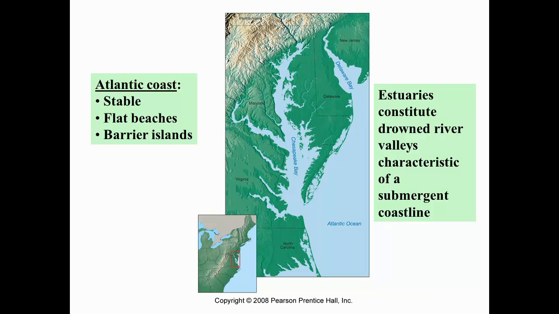Now, estuaries are actually quite complex ecological systems because they're a mixing zone between fresh water from the continent and salt water coming in from the sea. And as a result, the ecosystems tend to be quite fragile for the most part.